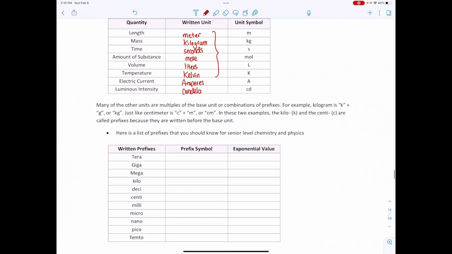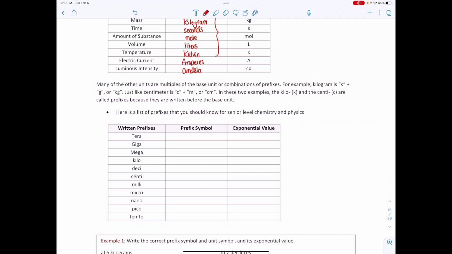Now, many other units are really just multiples of these base units, other than kilogram, and they're really just a combination of prefixes. For example, kilogram, if you break apart the word, is actually kilo, K, and then gram, which is G, or kg.